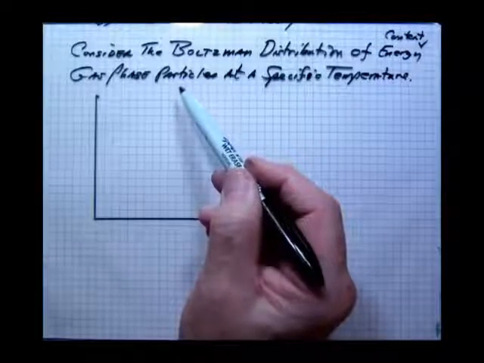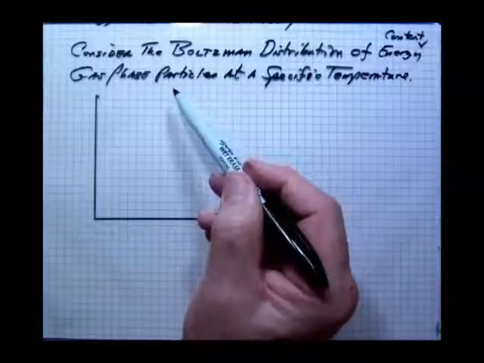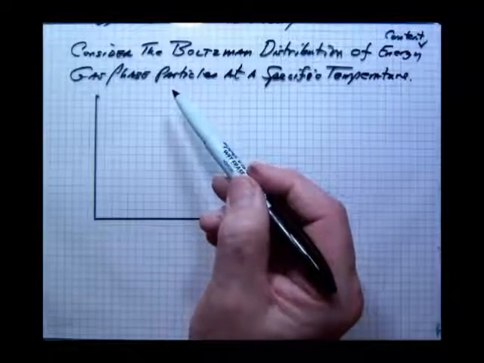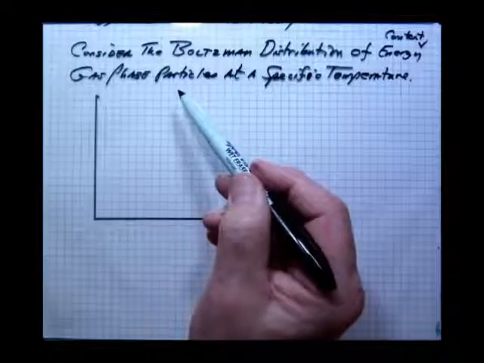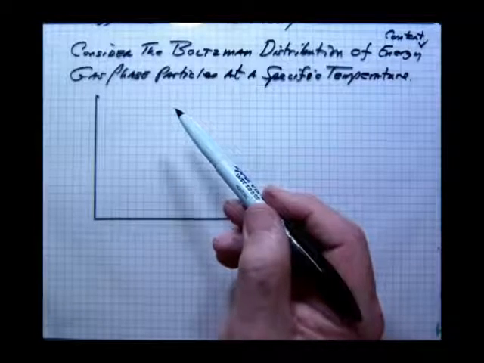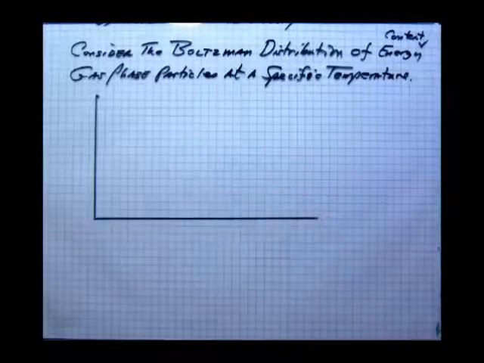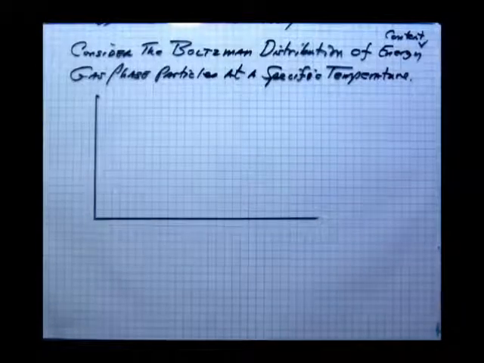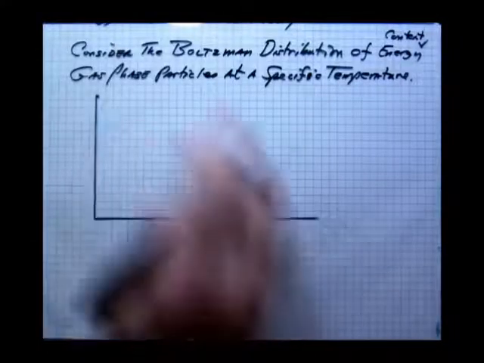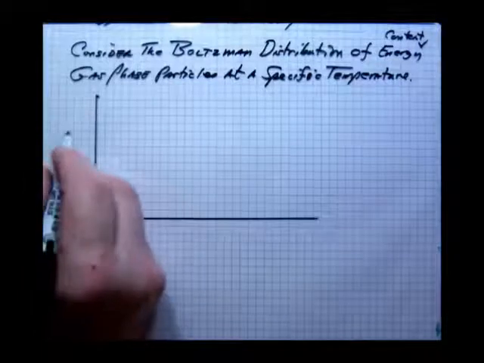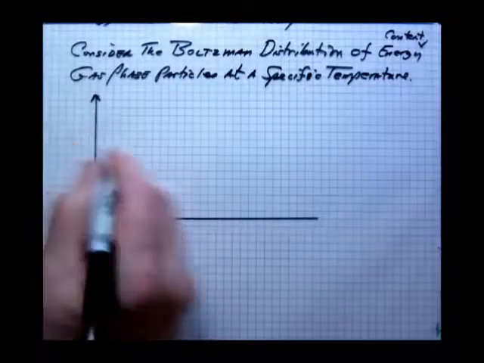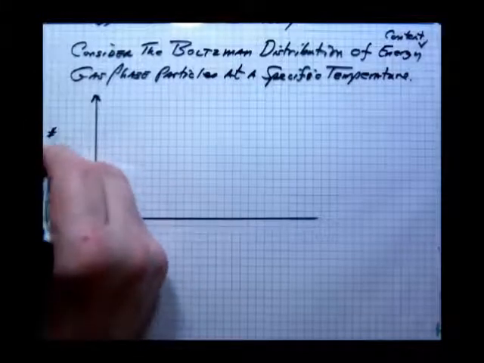Now, let me ask you a quick question, and it's kind of an intuitive one. Do you think all of the particles in the gas atmosphere that's in this room have the same energy? No. Some have low energy, some of them have middle, and some of them have higher energy, based on whatever transfers energy. To establish that on a Boltzmann distribution, we have on one axis the number of events, and in this case, the number of particles.